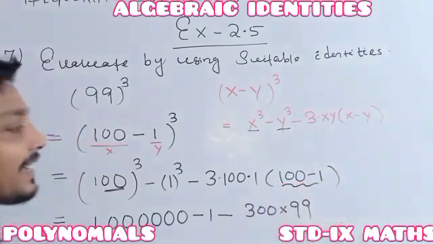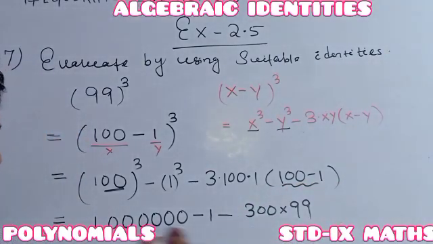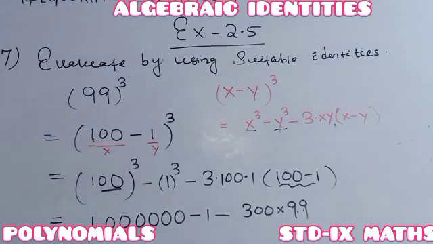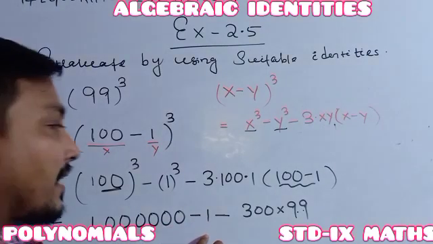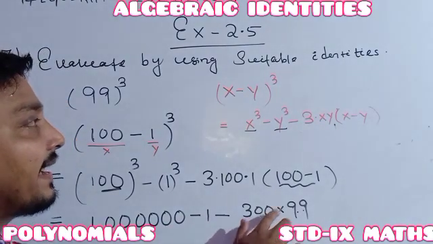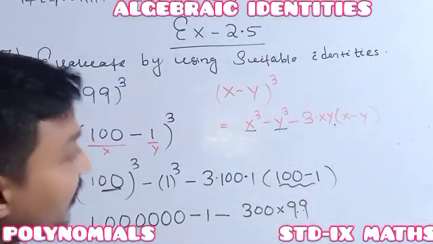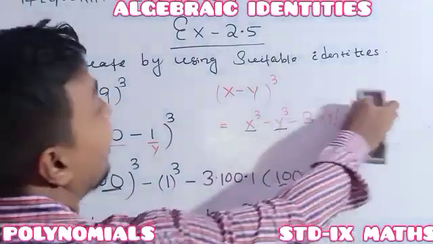This one will be our 99. Understood? So here we got it as 10 lakh minus 1 minus 300 into 99. So for next I am writing to the right side.